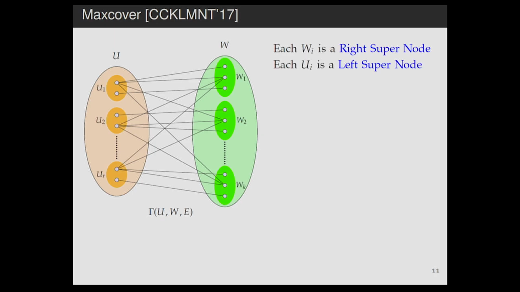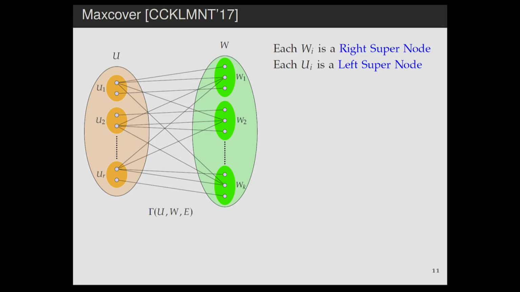And for each of the left and right hand sides, the nodes are partitioned into what we call supernodes. Now, there will be R supernodes on the left and K supernodes on the right. And as you can imagine, this K is also the parameter of this problem. So if you want to think about it as a parameterized problem, K is the parameter.